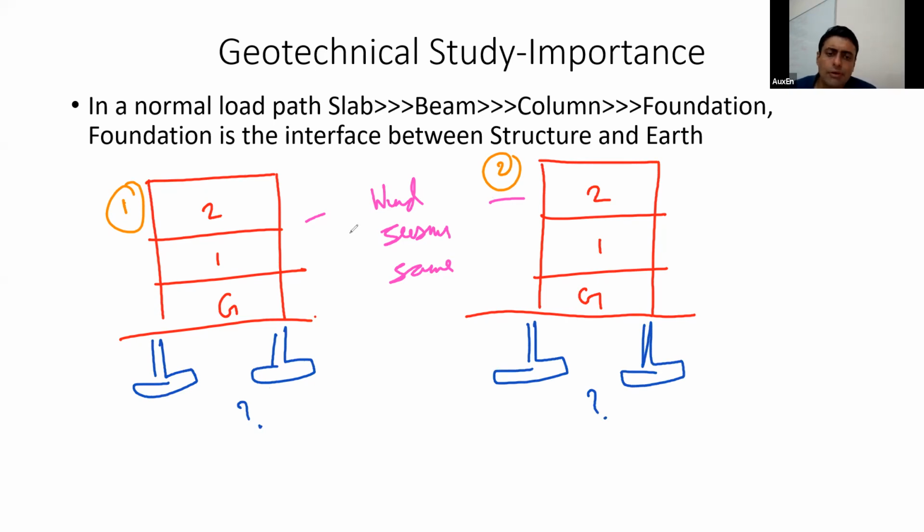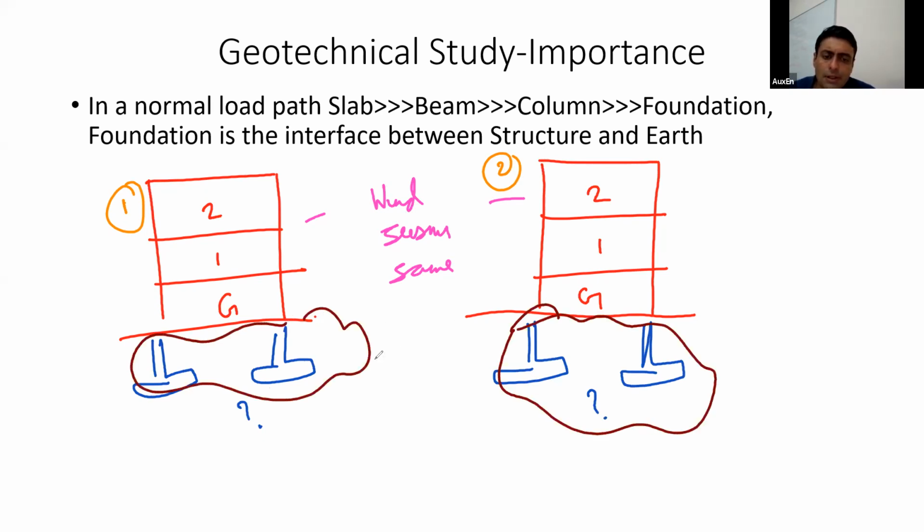All right. So even though they are identical buildings, in the same wind and seismic zones, more or less they will be having the same superstructure. But you cannot say the same thing about the foundation systems. These foundation systems may vary as per the subsoil strata, as per the subsoil characteristics.